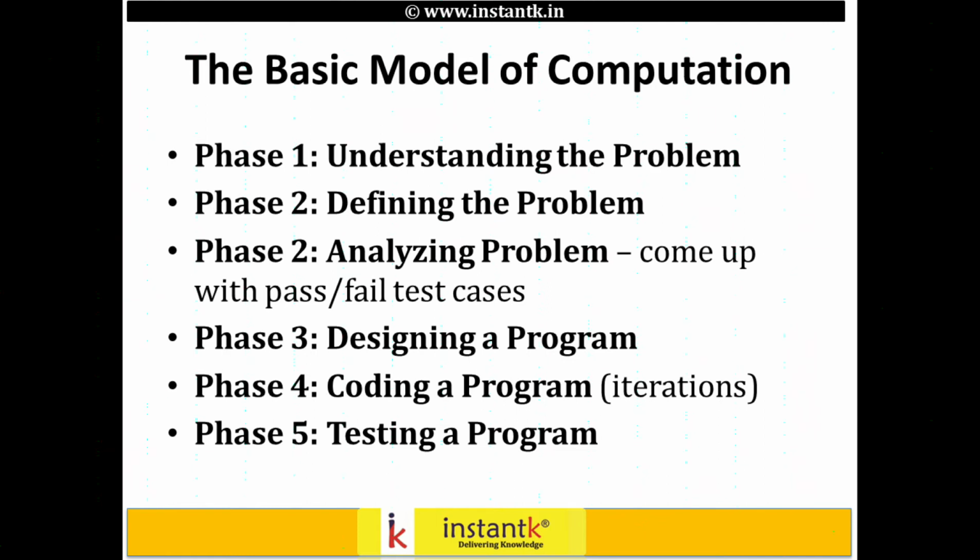Phase 2 has two parts: defining a problem and analyzing a problem. You should come up with a few test cases and say, for the defined problem, this case is a pass, this case is a fail. This helps you understand better. Then comes designing a program, phase 4 is coding it, which is an iteration part, and phase 5 is testing a program.